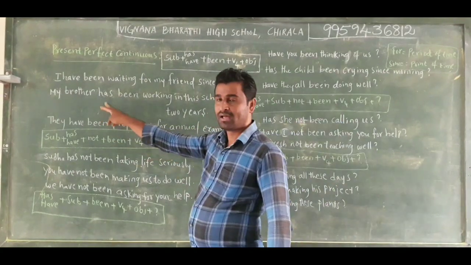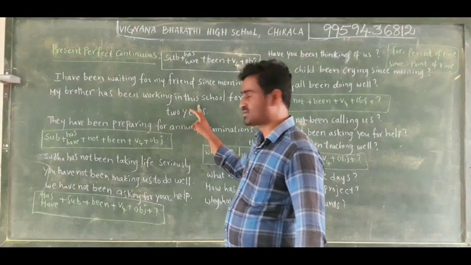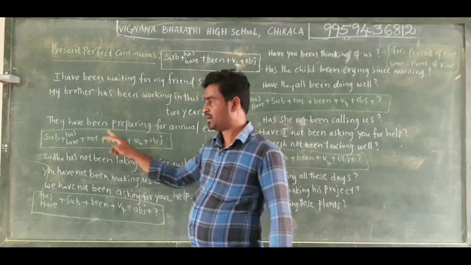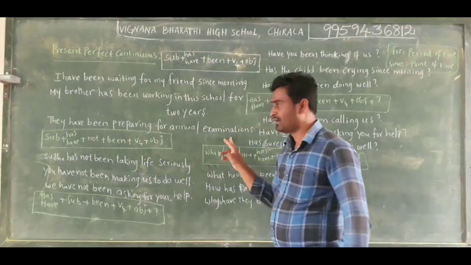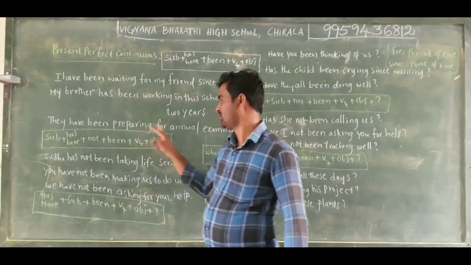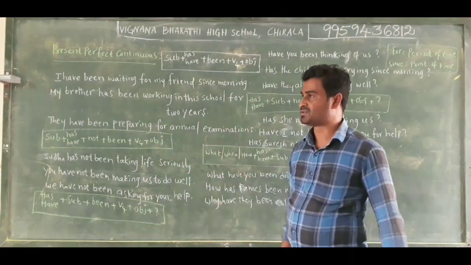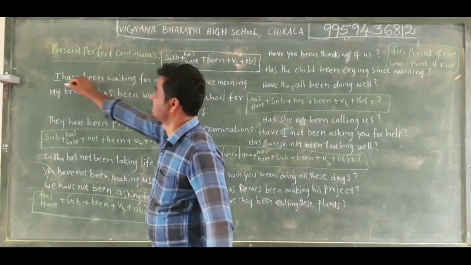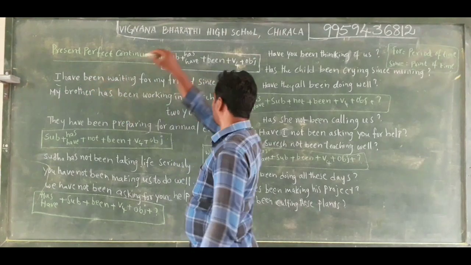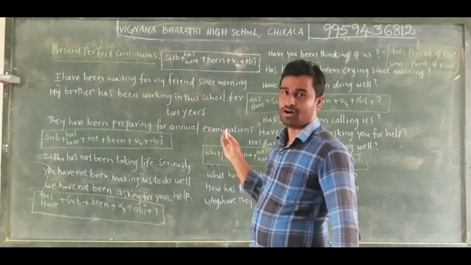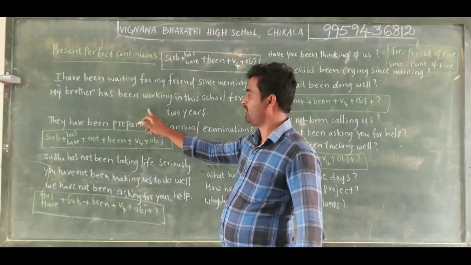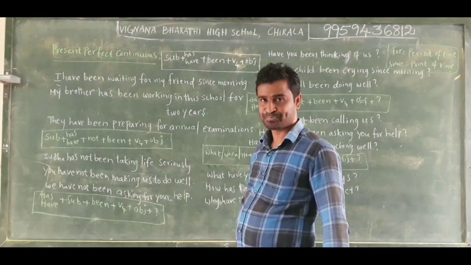They have been preparing for annual examination. If you look here, subject, then has or have plus been and verb 4, then object. Same thing, my brother, subject, has been, verb 4 and the object.